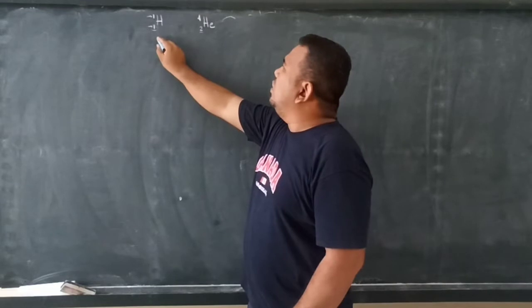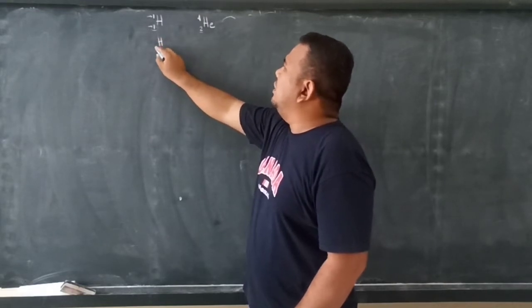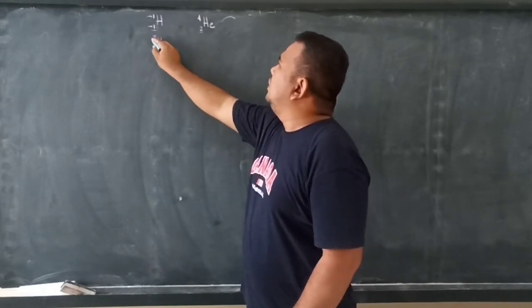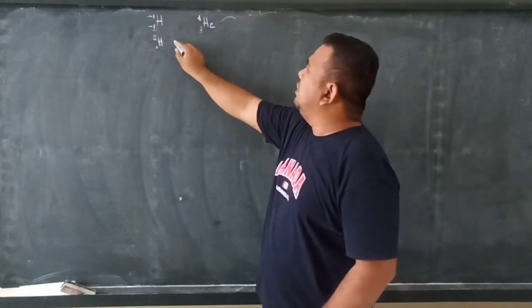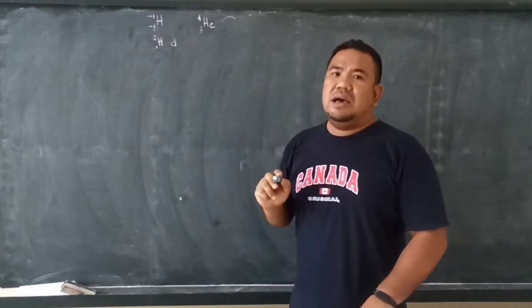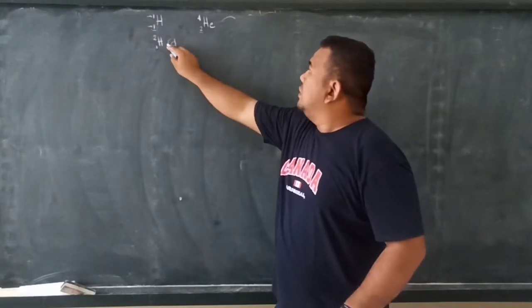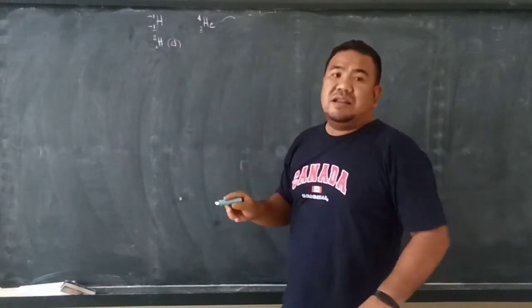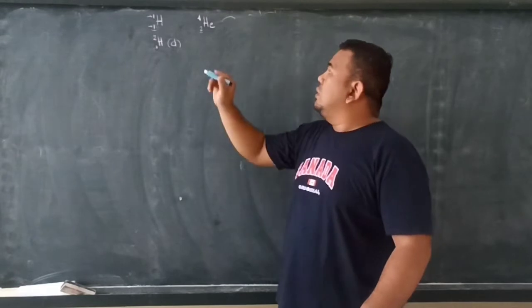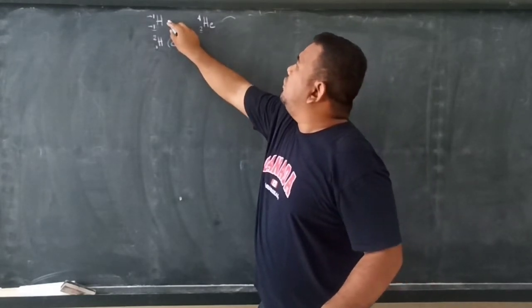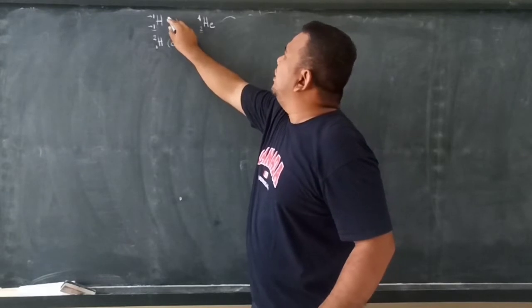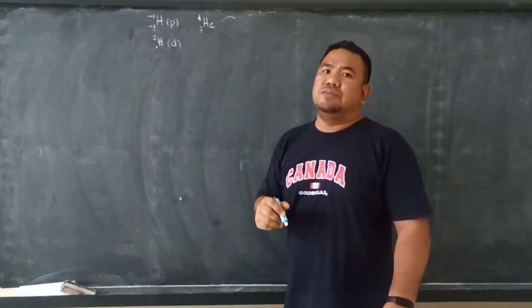Let us say you have another isotope of hydrogen, which is deuterium. Most often, the book usually uses the small letter D to denote deuterium. And for this one, H1, is called protium.